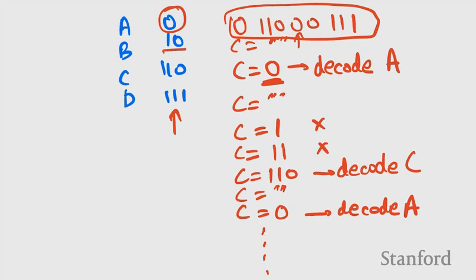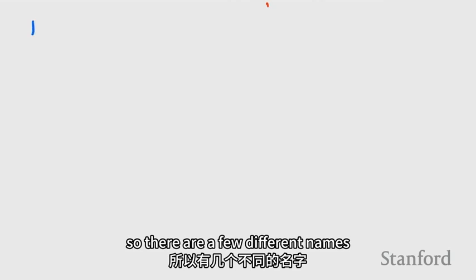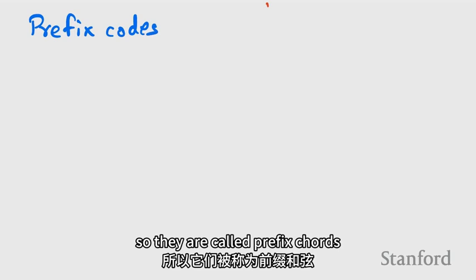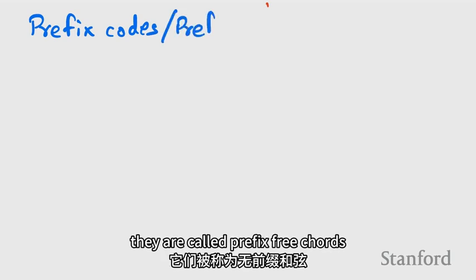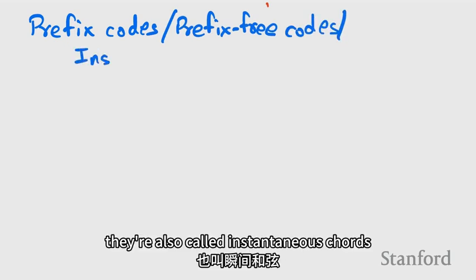So let me define it. There are a few different names for some historical reasons, I assume. They are called prefix codes. They are called prefix-free codes. They are also called instantaneous codes.